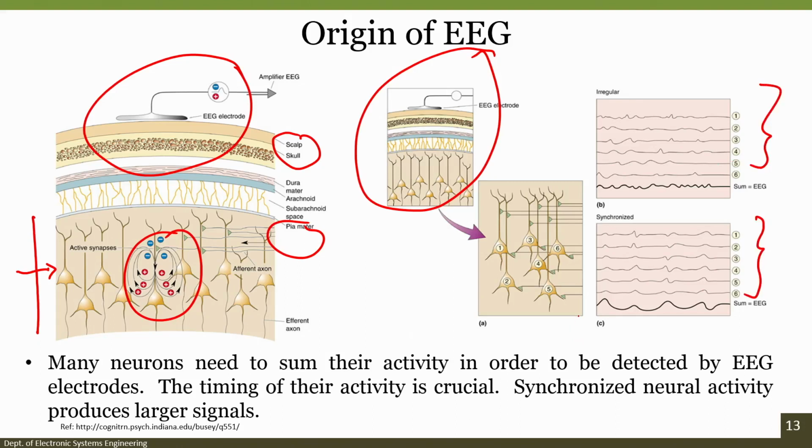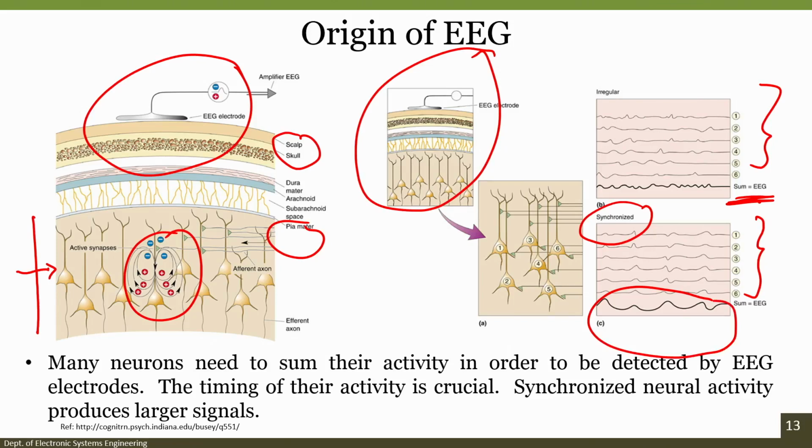EEG is nothing but the summation of the signals generated by a group of neurons. In the synchronized manner, you can see a clear summation and the change in the activity. So, many neurons need to sum their activity in order to be detected by EEG electrodes.